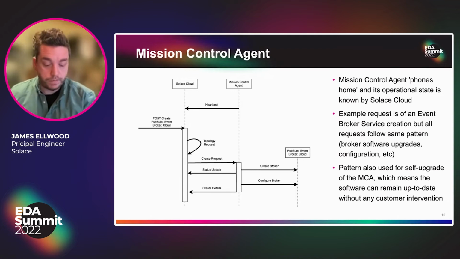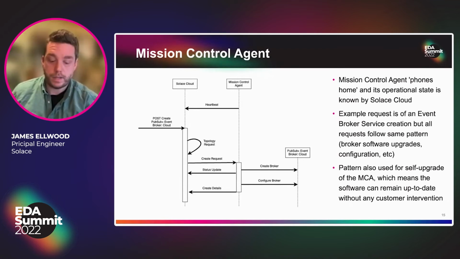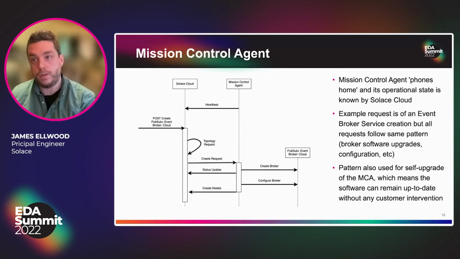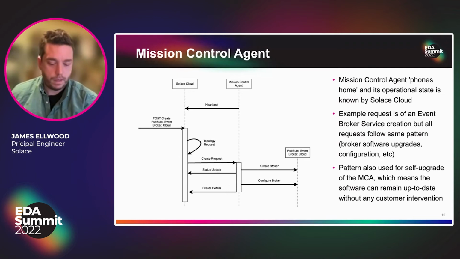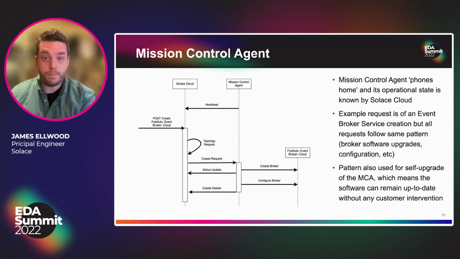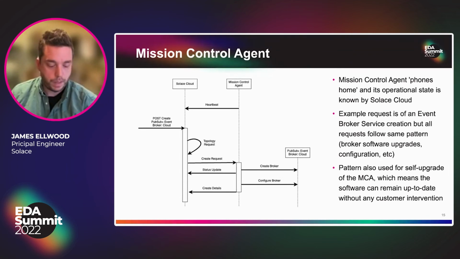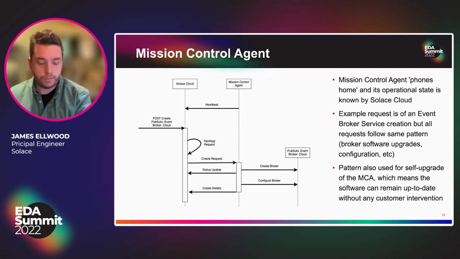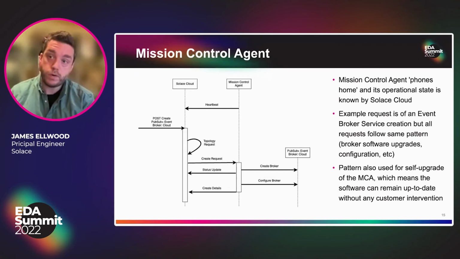The event is received and processed, and an event is sent to the MCA with a topic structure that includes the MCA's unique ID. Because the MCA is stateless, the request event contains everything it needs to know to perform the operation. The MCA then performs the operation, in this case, the creation of a PubSub+ event broker. If the MCA crashes halfway through, on restart, the event is retransmitted to the MCA and the operation is restarted.